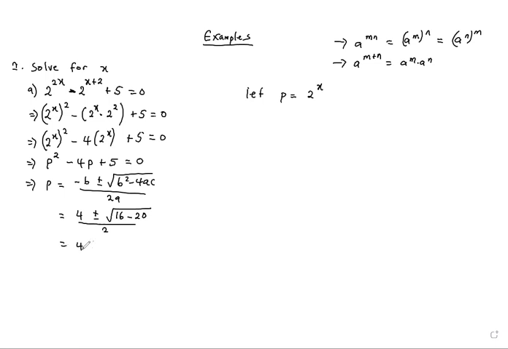So we get 4 plus or minus root negative 4 over 2. Because of the complex number inside, we are unable to extract this. We just have 2 to the power x is the same as 4 plus or minus the root of negative 4 over 2.